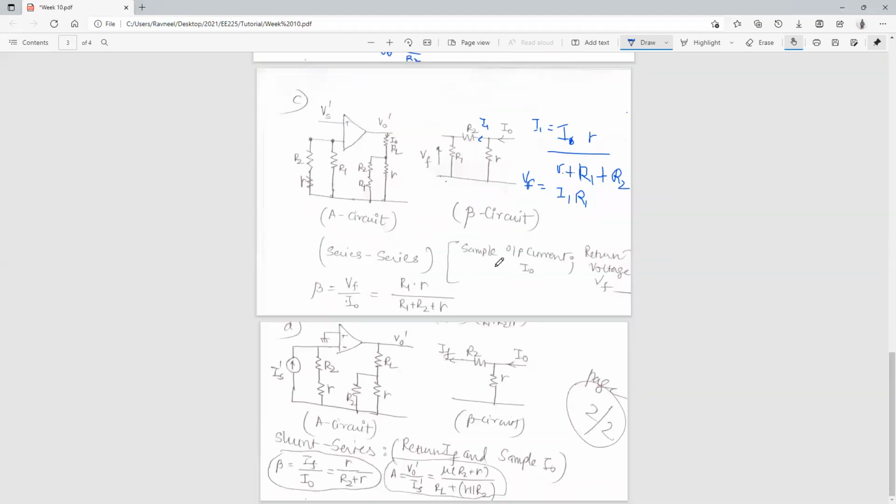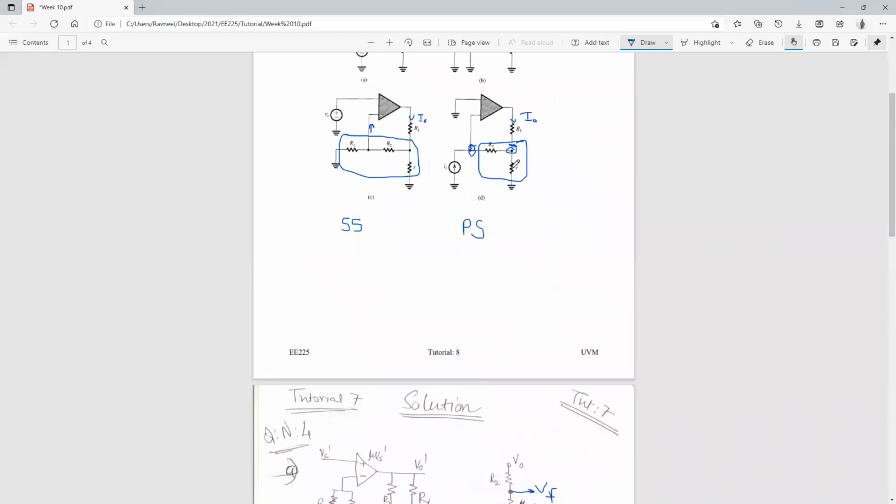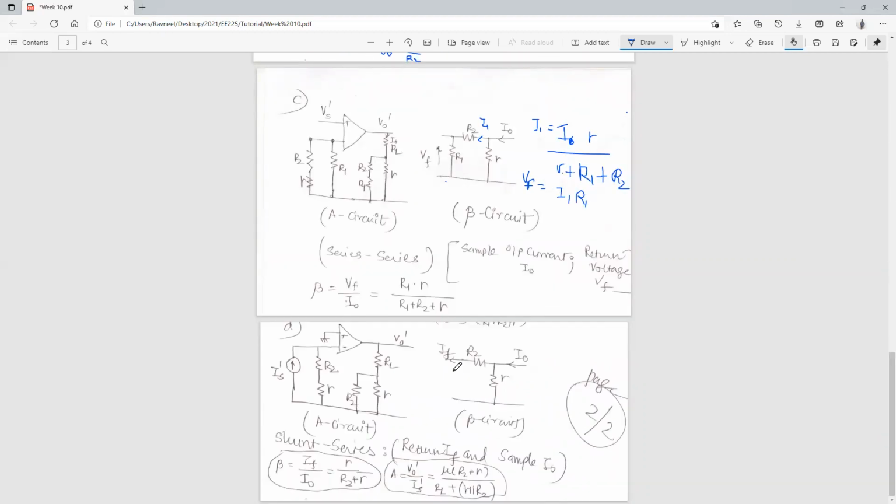So if you draw the beta circuit, your current enters in between R2 and R at this junction, and your output leaves after R2, that is being fed back into this system. So that is what we have over here. That's my beta circuit.